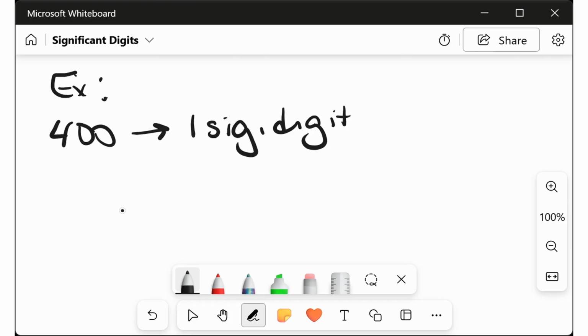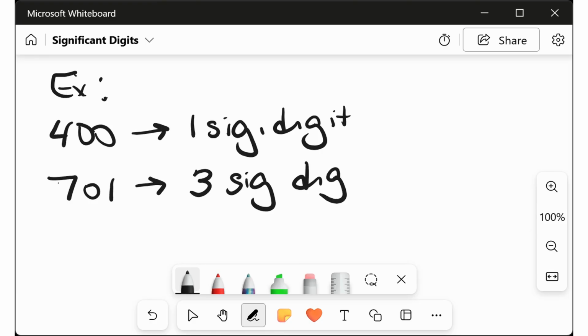Those zeros are on the right side of the number. They are not significant. The number 701 has three significant digits. Why? Because that zero is in the middle. So that makes it significant.